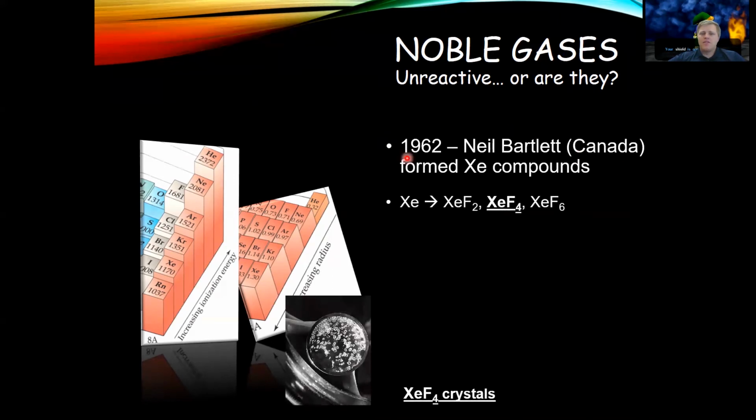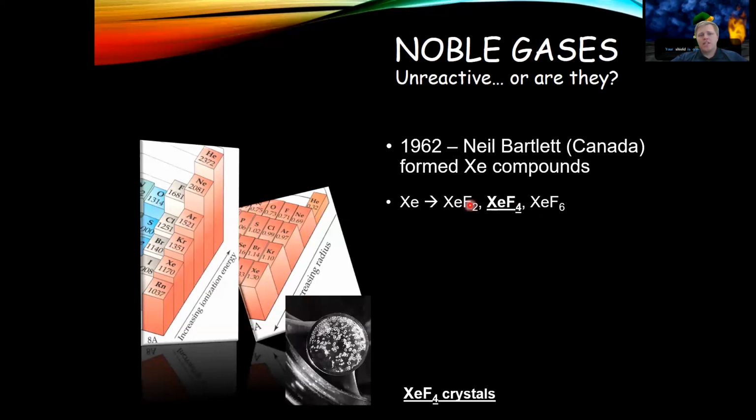But as early as 1962, a Canadian guy named Neil Bartlett started forming the first xenon compounds. In these xenon compounds, he just got it to finally react with fluorine. So he was able to make XeF2, XeF4, and XeF6. Right down here, I've got some pictures of some crystals of XeF4. These are really stable at low temperatures.